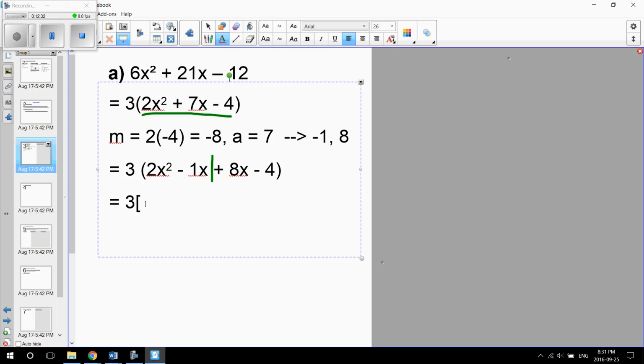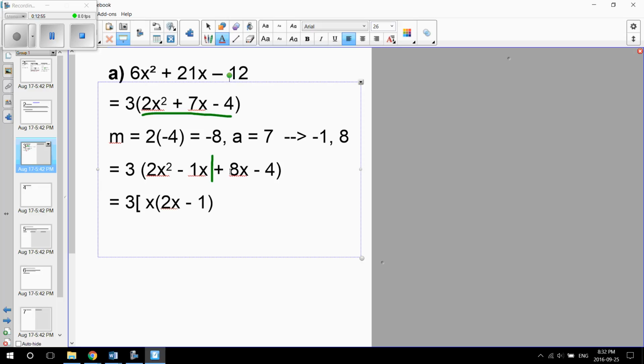I'm just going to use square brackets here to break up our brackets because now we've common factored that x out, but we still have to have brackets for when we divide it out of the rest of these terms. So when we do 2x squared and we divide out an x, we're just left with 2x. And when we have a negative 1x and divide out an x, we're just left with a minus 1.